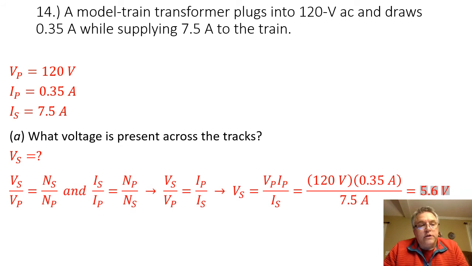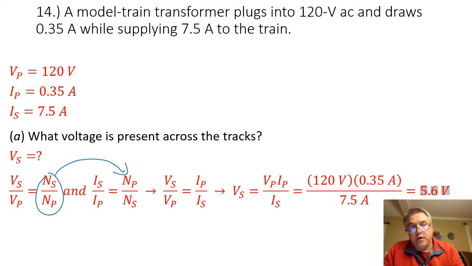So we want to solve for the secondary voltage. I know the relationship between the voltage and the number of turns, Vs over Vp equals Ns over Np. And I know the relationship between the current and the number of turns, Is over Ip equals Np over Ns. So I have Ns over Np here, and I have Np over Ns with the current.